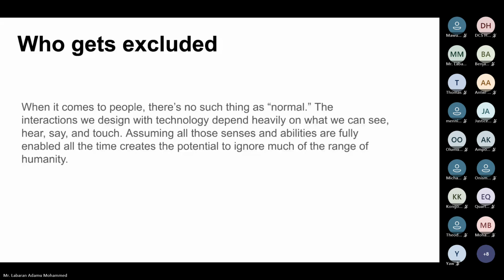So when you are building a product or an agent and we assume that every user has all these abilities, we create the potential to ignore a good number of people in this universe who can use our products. Yeah, we'll go on to the next slide.